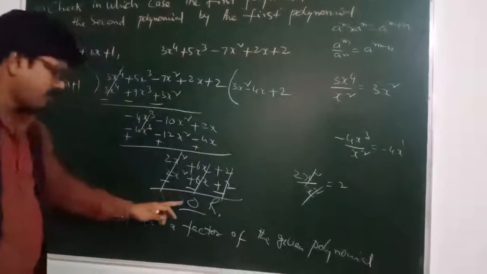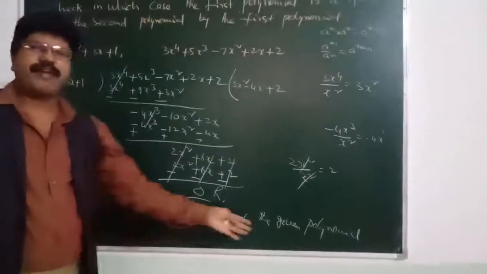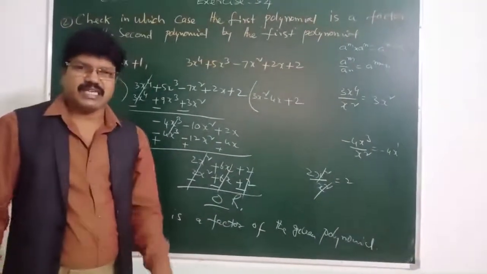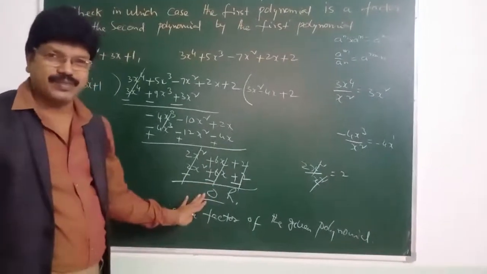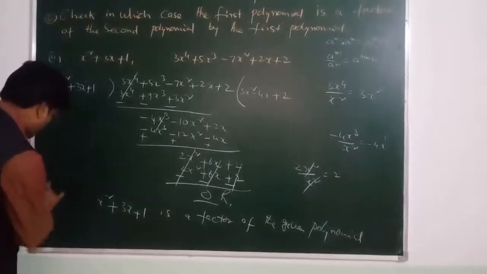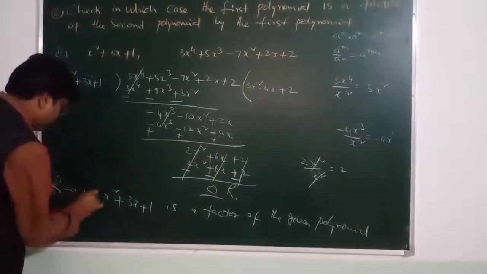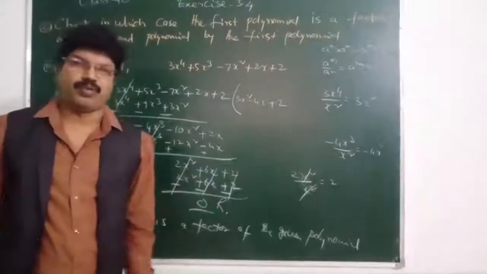Of course, if the remainder is not 0, it's not a factor of the given polynomial. We just write like that. We got remainder 0. That's why we write here, therefore r equals 0. Therefore, x square plus 3x plus 1 is a factor of the given polynomial.